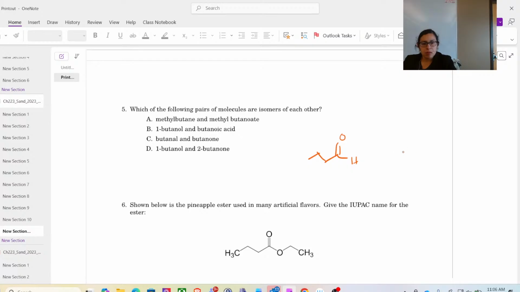And then butanone, 1, 2, 3, 4 there. And then these other ones just have different groups. So methylbutane and methylbutanoate, this has too many oxygens. Same thing, you have the OH versus these two O's of our butanoic acid. And then butanol, we have our OH versus butanone there.